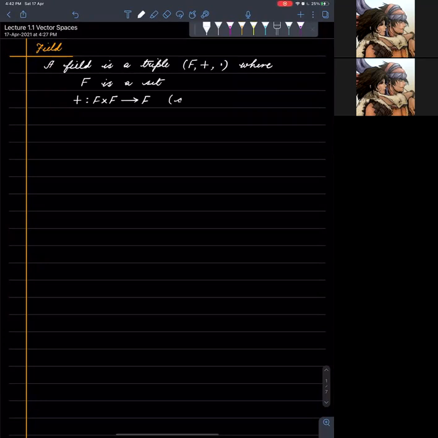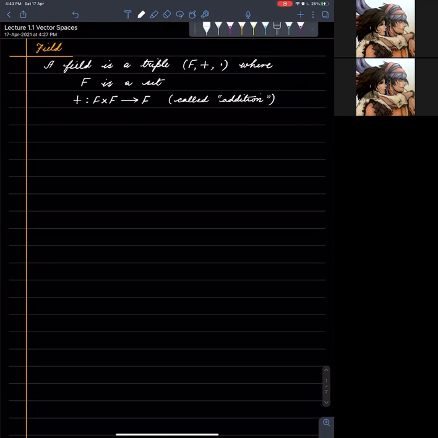We call it addition. And this has nothing to do with, or may have nothing to do with, the usual addition of real numbers or rational numbers or anything.